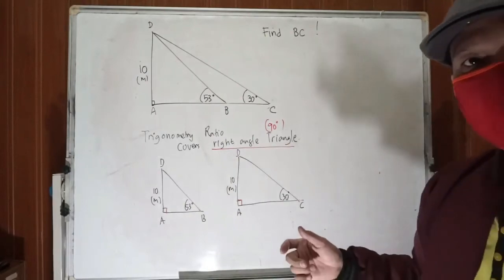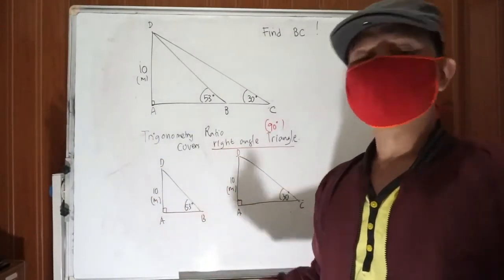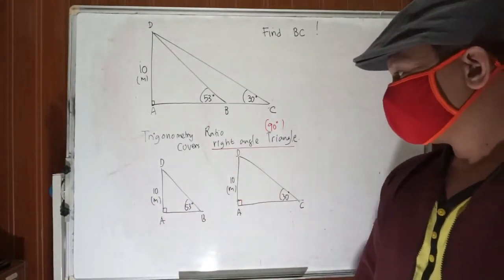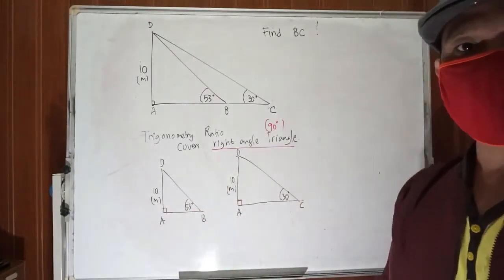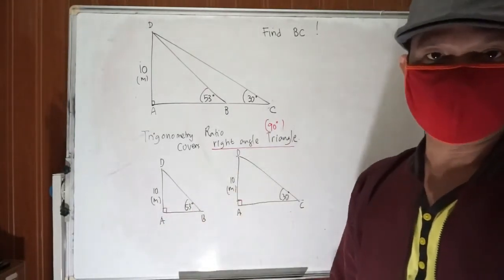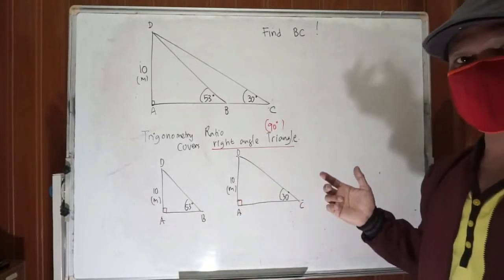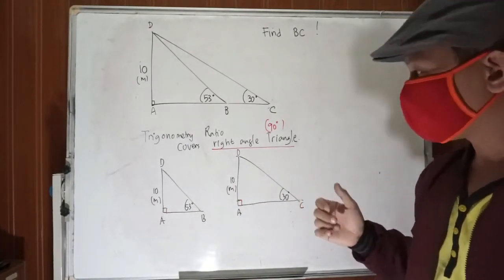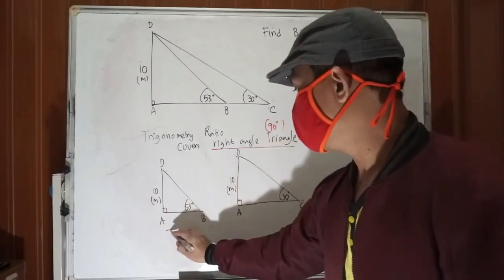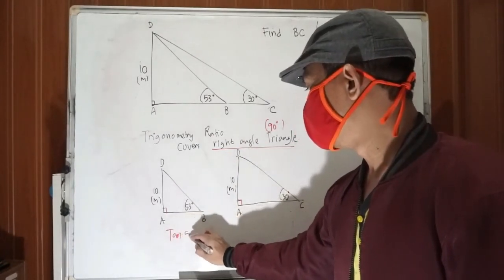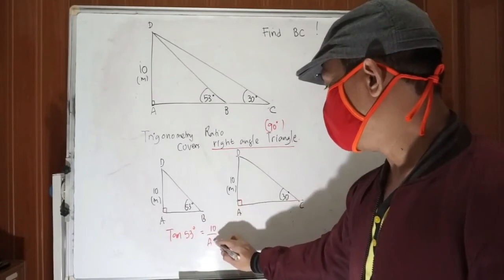What is the connection of opposite to adjacent? 10 is opposite to 53 degrees, and AB is adjacent with respect to 53 degrees, right? So what is the connection? Trigonometric ratio, correct, tangent. So tangent 53 equals 10 over AB.